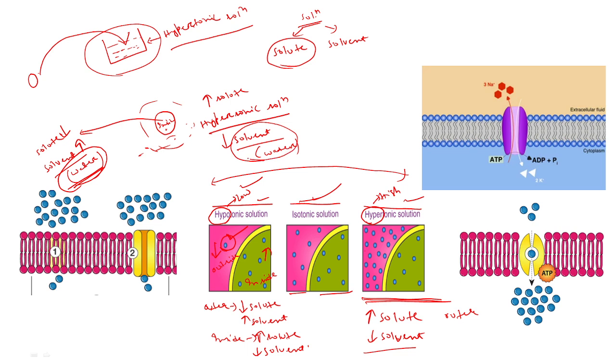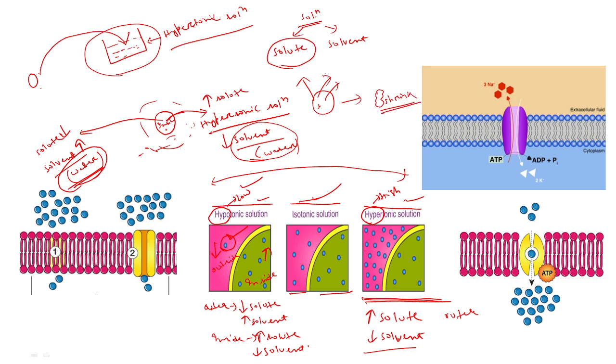So it transports from the higher to lower. That means after placing the cell in the hypertonic solution, the water moves from inside to outside, and it will shrink like this.